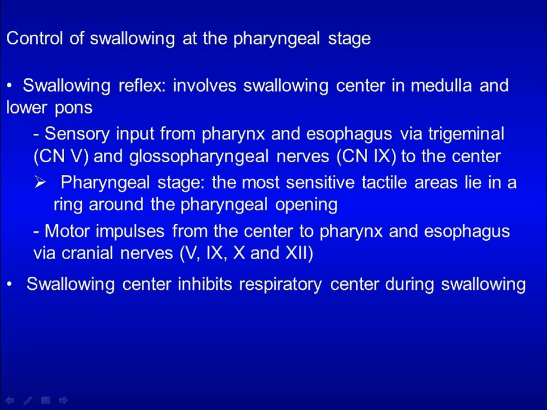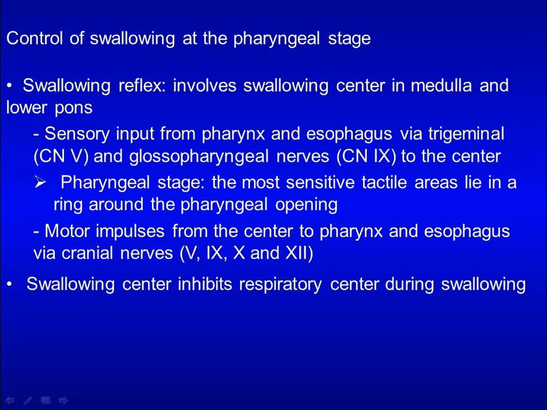In the pharyngeal stage, the most sensitive tactile areas lie in the ring around the pharyngeal opening. Motor impulses from the swallowing center are transmitted to the pharynx and esophagus through cranial nerves 5, 9, 10, and 12.